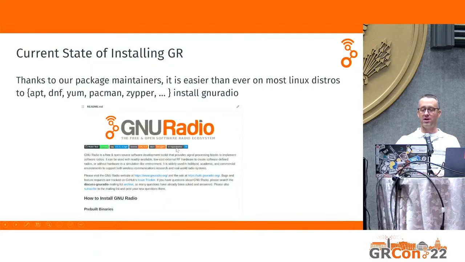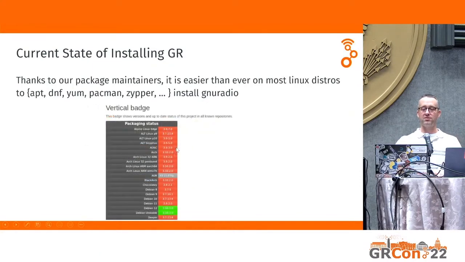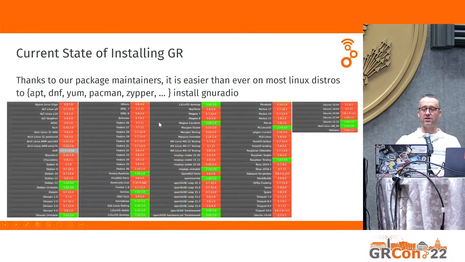It says in repositories, and this brings up a whole list of the repositories that GNU Radio is in, the distributions. So a lot of the newer ones are updated with our latest release. And so we have our packagers to thank for that. So this is definitely the preferred way at the moment to install GNU Radio, if you can just use your distribution's package manager, if you're on Linux.